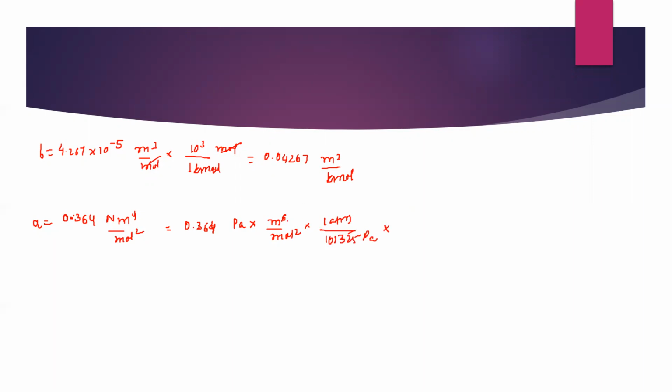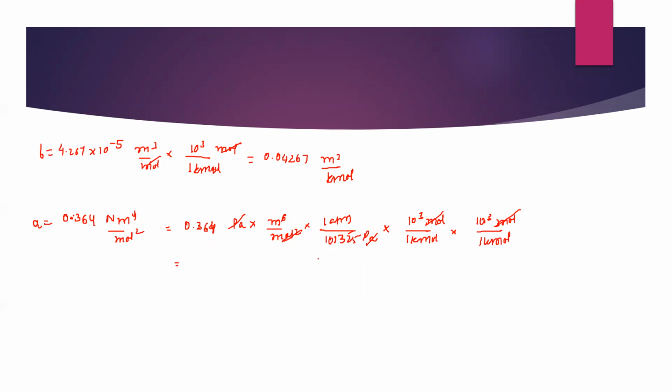For mole, we convert into kilomole: 1 kilomole equals 10 to the power 3 moles, twice. We cancel Pascal, and we get the result in ATM meter to the power 6 per kilomole square.